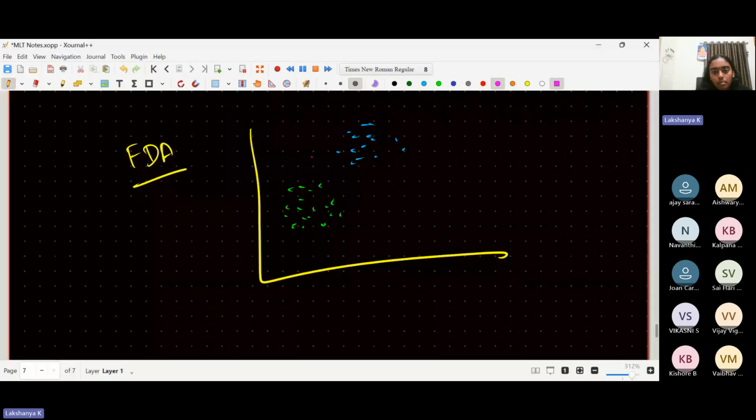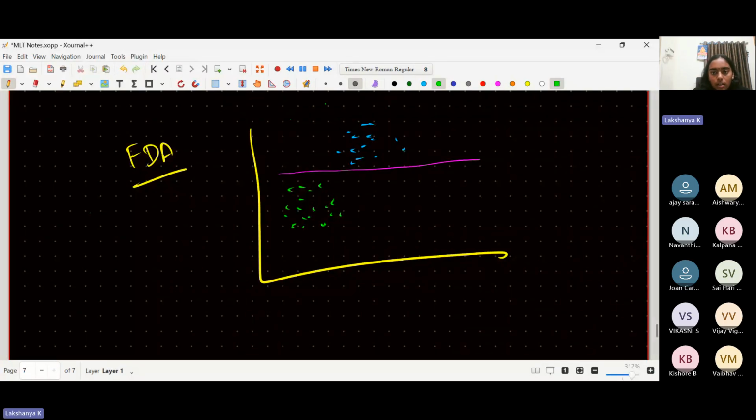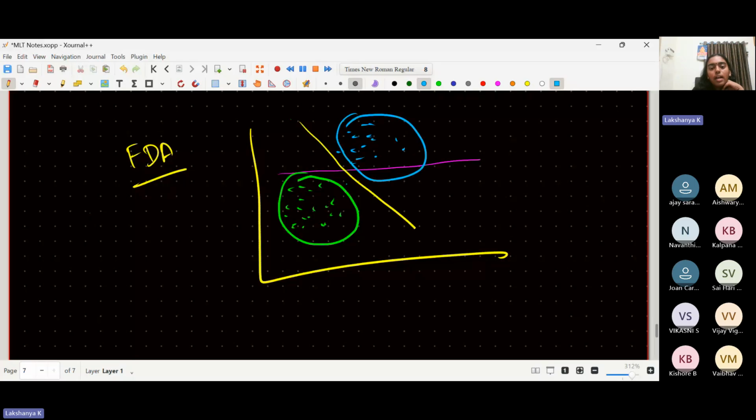Now there can again be multiple lines of separation. This is one possible line, and this is another. Multiple lines of separation exist, right? So I want to find a line such that all the points belonging to one class are clustered close to each other, and the distance across classes is maximized. That is the idea of Fisher discriminant analysis.